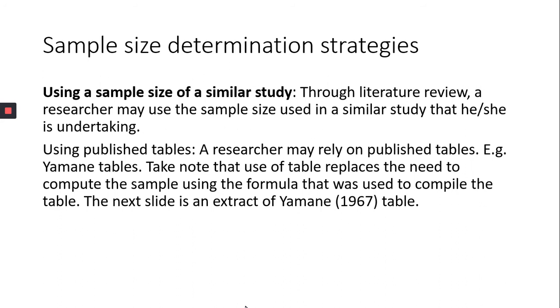There are other sample size determination methods. I want to challenge my dear students who are currently listening to this video to go yourself and look for information. How can a sample be determined? What sample size? What sampling methods? What sample size determination methods are available? Type that on Google.